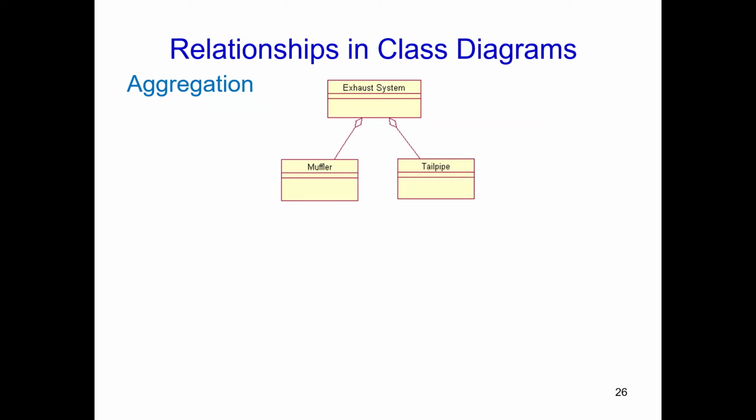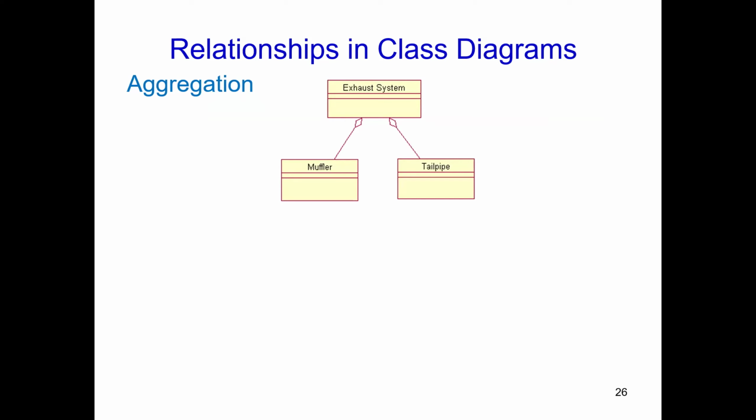Another relationship is called aggregation. So this is important for your design. Like if you're trying to illustrate the pieces of your subsystem, that's what this arrow is trying to represent. You see the diamond shape at the top of the arrow. That means that these parts together create this other class.